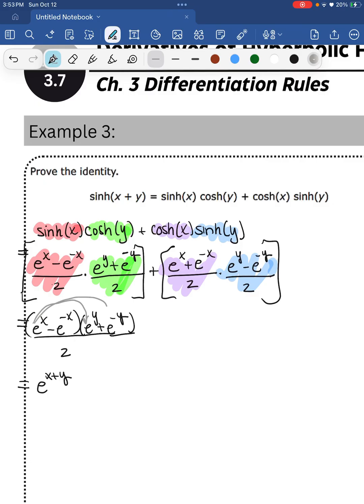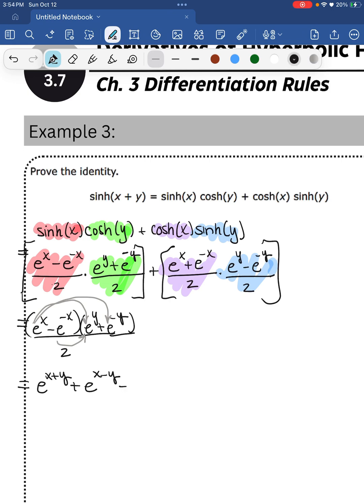Then we're left with a negative e to the negative x minus y, and another one. So that puts us at negative 2e to the negative x minus y. And remember that this can be rewritten as 2e to the x plus y minus 2e to the negative x plus y, divided by 4, because I can just pull out a negative from both of these.